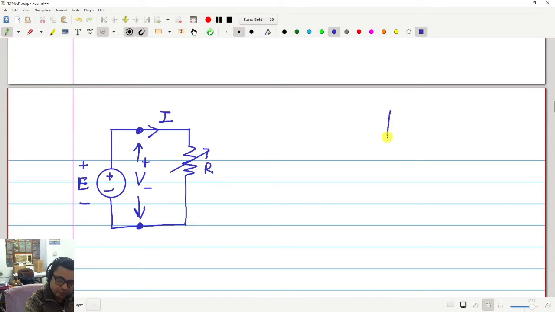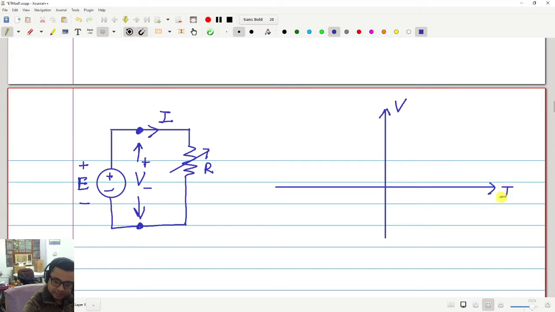And then suppose I plot a graph with the y-axis as the voltage and x-axis as the current. How will this graph look like? Horizontal line parallel to x-axis. Excellent.